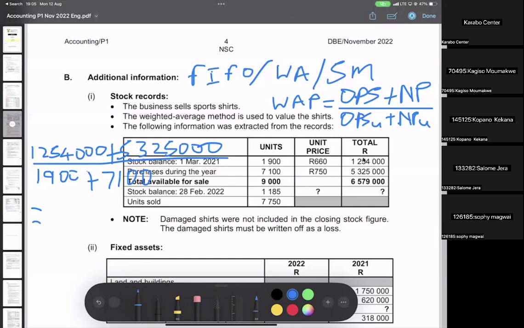And then our weighted average price will be 731. So this is the weighted average price. This is the price you will use, you will multiply when you're calculating closing stock and when you're calculating missing stock or stock damage. So let's go back to our question.